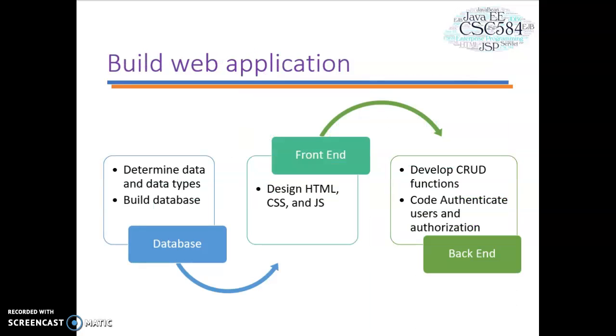Now, let's look at how to build your web application. First and foremost, you need to have the database. So first you need to determine what data you need to store in your database and also your data types. Then you can build your database. The next one is front end.